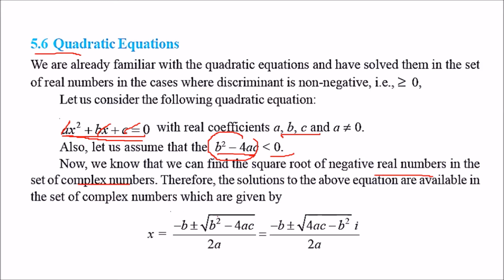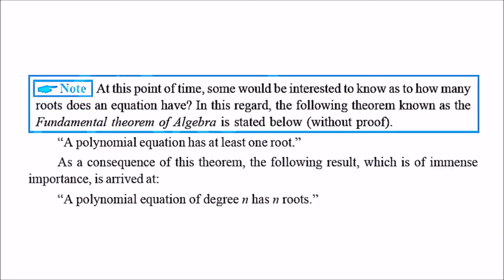So the solution would be this: b square minus 4ac is less than 0, so we turn it around, we make it 4ac minus b square, so you get minus 1 inside also, so that we take out i. So our answer would be two roots: minus b plus this one and minus b minus this one. Okay.